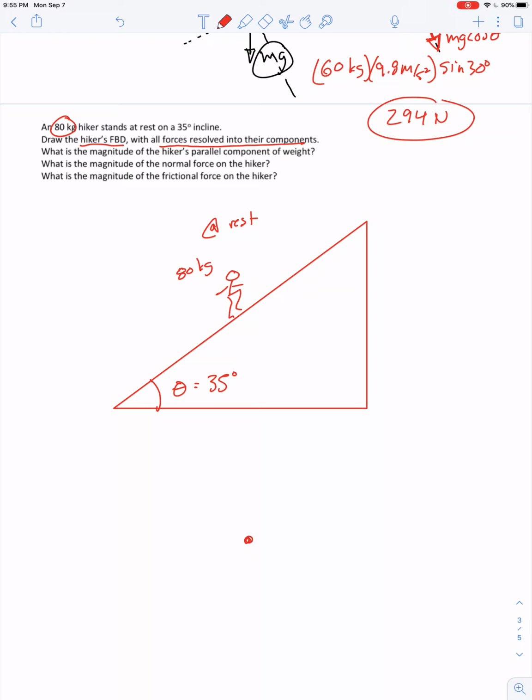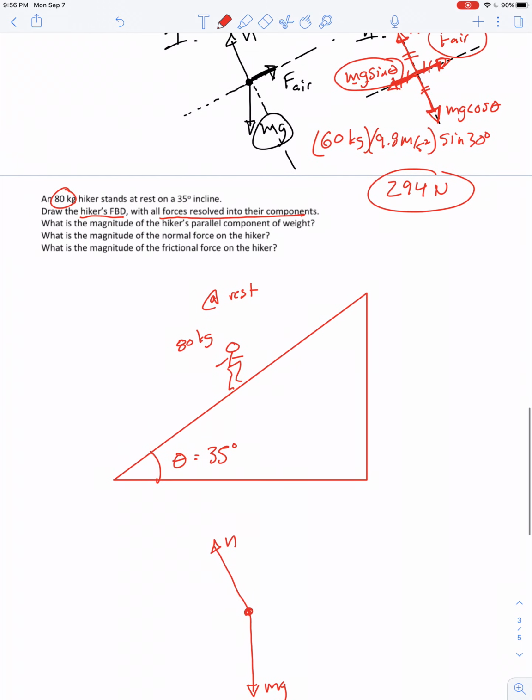So that dot represents the hiker. There's normal force. There's weight.